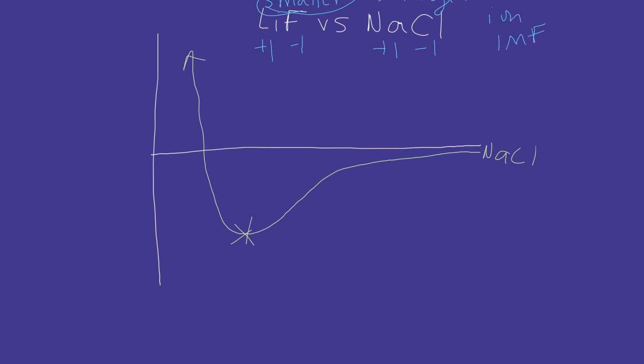Okay, well, if it's stronger, that means it's going to take more energy if we wanted to break it, and it's also going to release more energy when it's formed. So we know that's going to be a shift down. We also know that since these are smaller, they're going to be closer together. So again, we should see a shift down and to the left. Make something that looks like this.